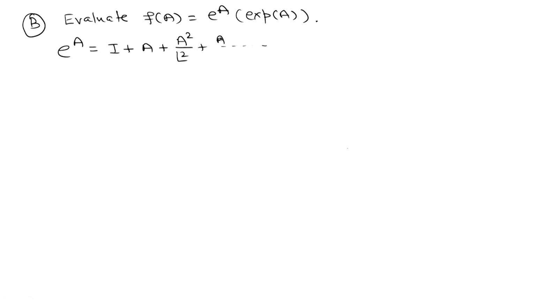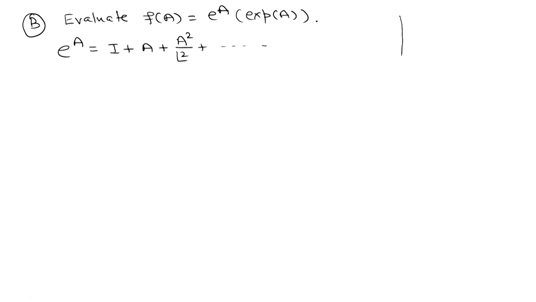So I can write this particular function e raised to power A in terms of this infinite series, if the series is convergent. So there is a question about the convergence of this series.